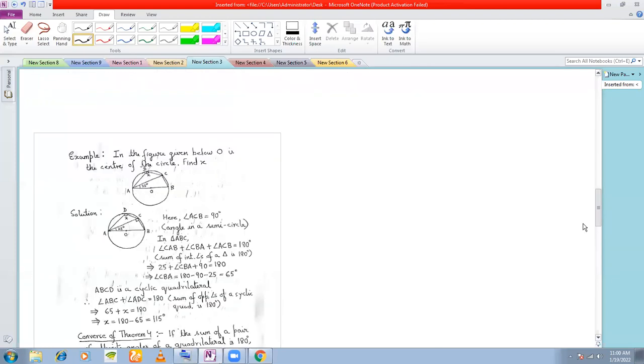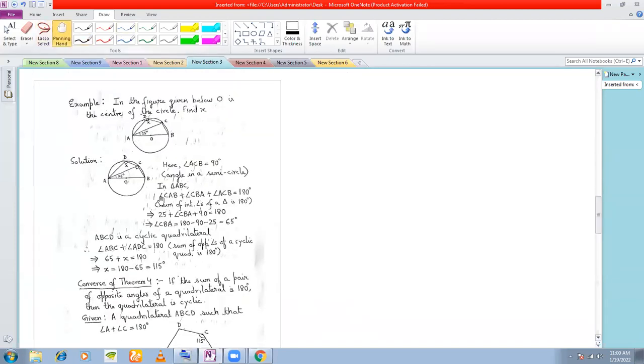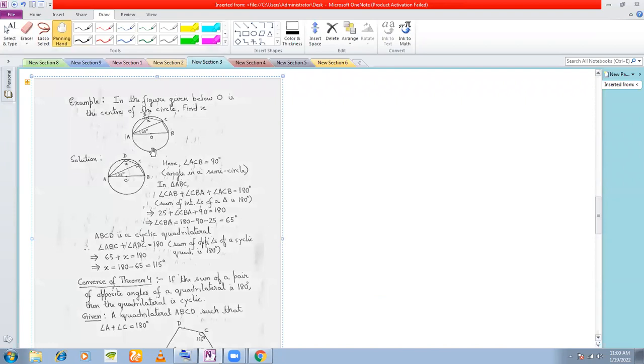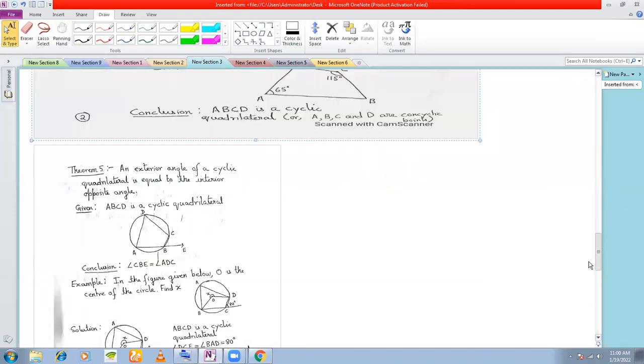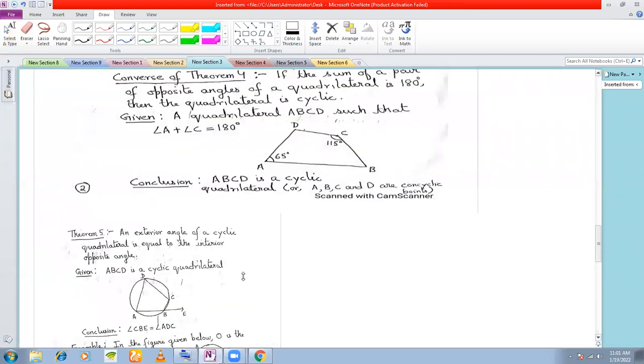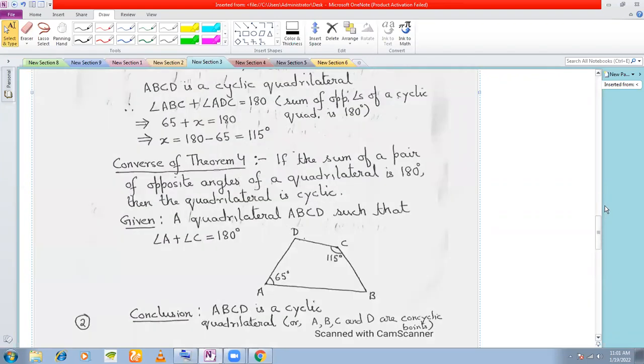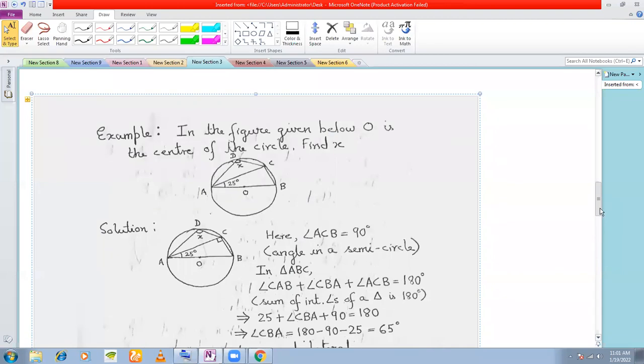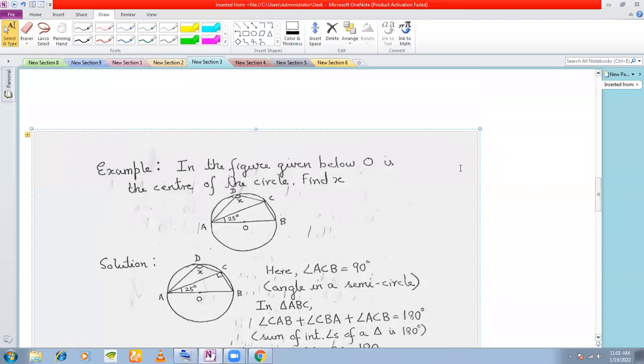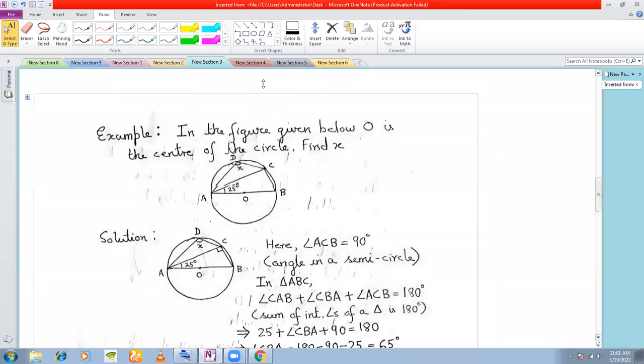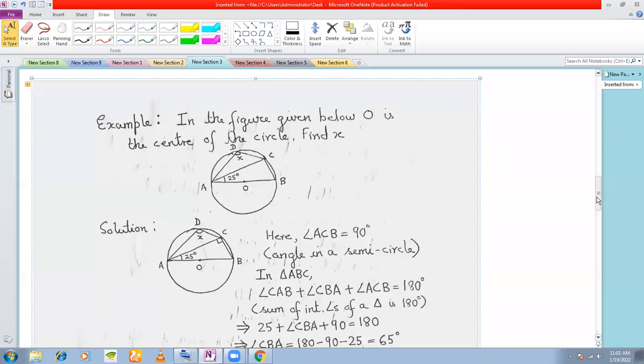Based on this, I have given you a sum. So let's see this sum. Look at this, I hope this is visible, or should I make it big enough? This should be okay.